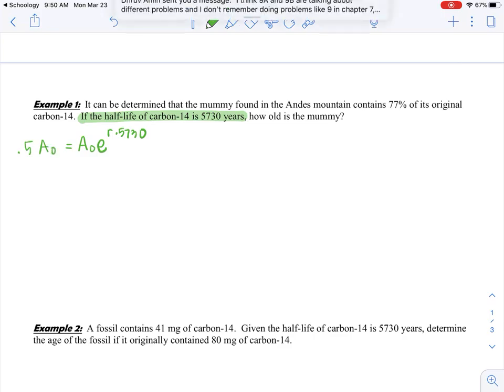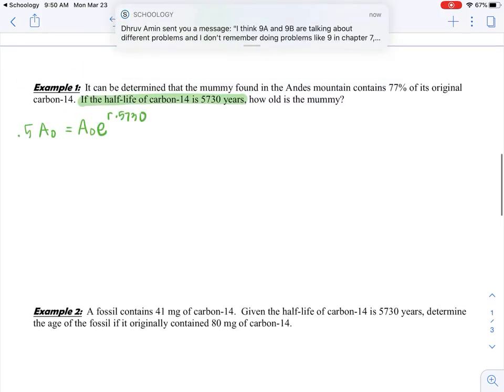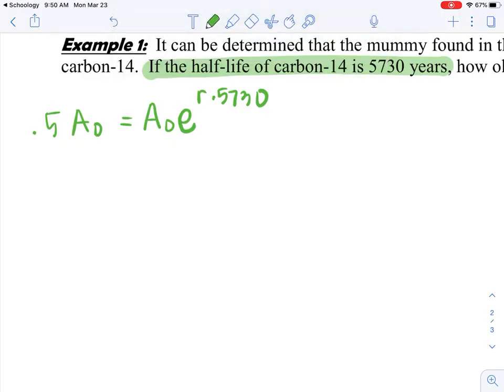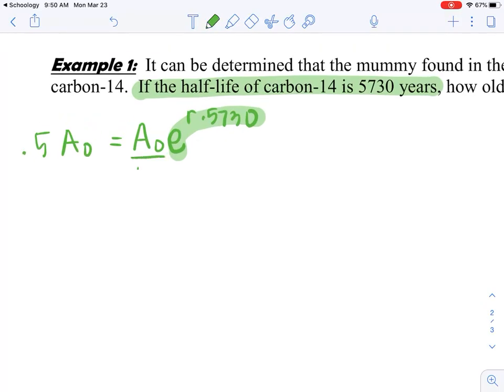We also don't know our final amount, but we know that half, or 0.5, is left. 0.5 of that original. Okay. All right. So now I have to solve for R just like we did yesterday. So I want to use logs as a reminder, but I have to get this by itself in order to log both sides. I need to get the base and the exponent. So I'm going to divide both sides by A naught.